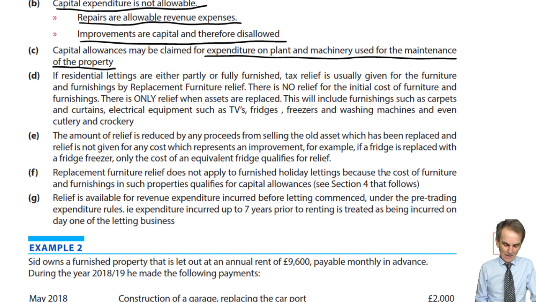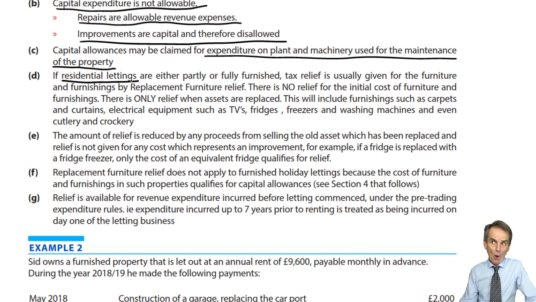Okay, we've then got one final area to look at, and it's to do with residential lettings. Often property, certainly in the UK, is more usually let on an unfurnished basis for long periods of time, for tenants who are going to be there for 12 months, maybe 24 months or longer.